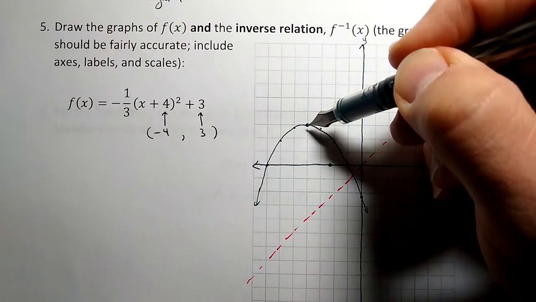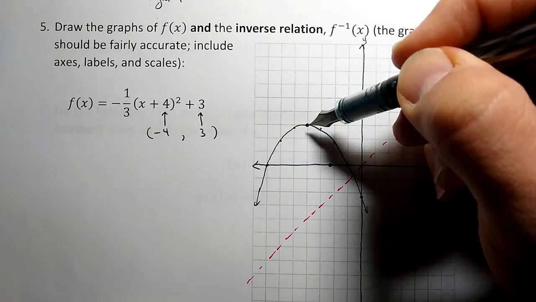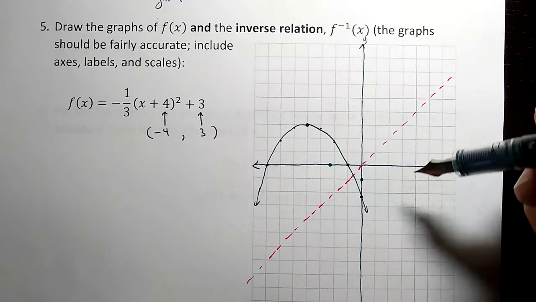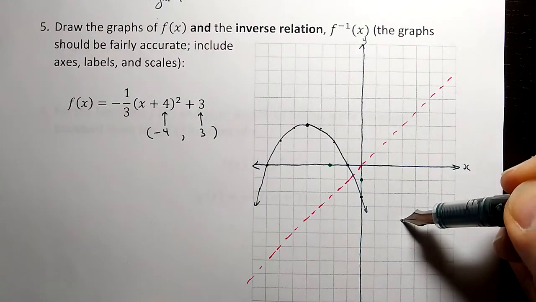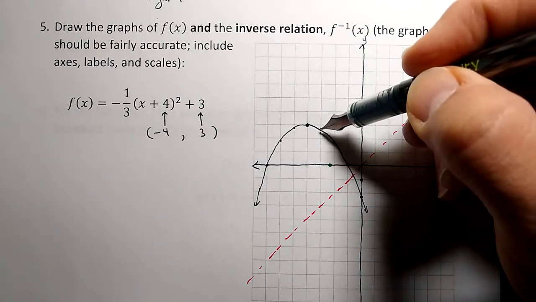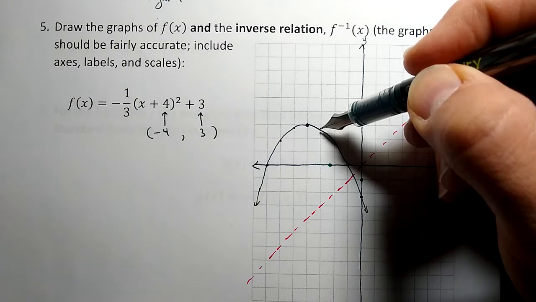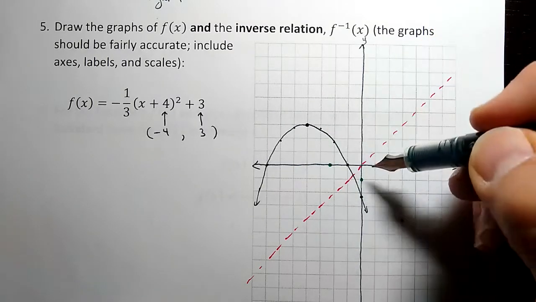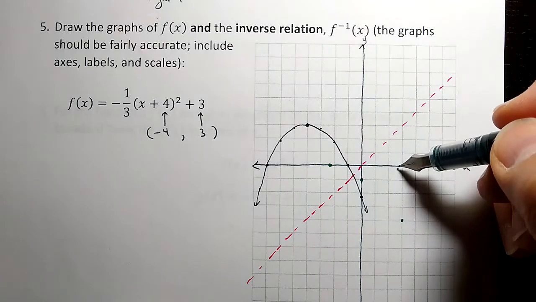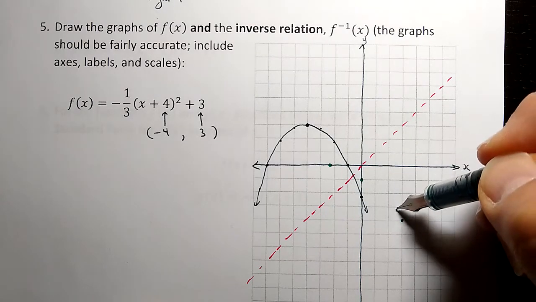Negative 4, positive 3 becomes positive 3, negative 4. Negative 3, positive, this was 2 2/3, so positive 2 2/3, negative 3.